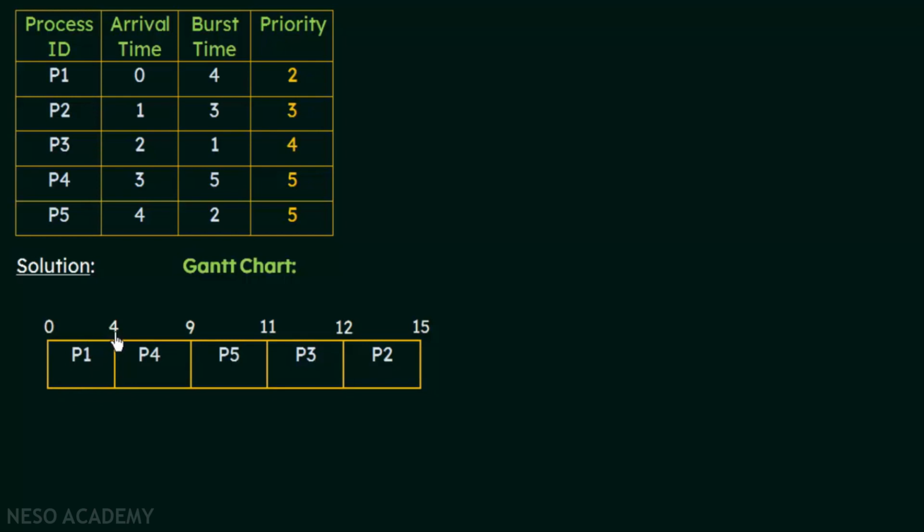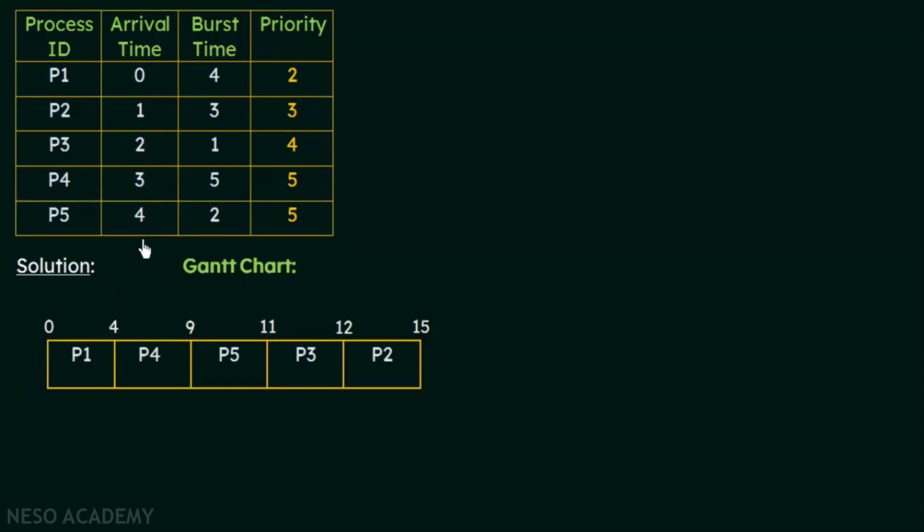So till the 4th millisecond, P1 continues its execution. If you look at this table, we see that at 2 milliseconds, P3 also arrived, at the 3rd millisecond, P4 also arrives, and at 4 milliseconds, P5 also arrives. So when P1 was executing from 0 to 4 milliseconds, all the other processes also arrived.